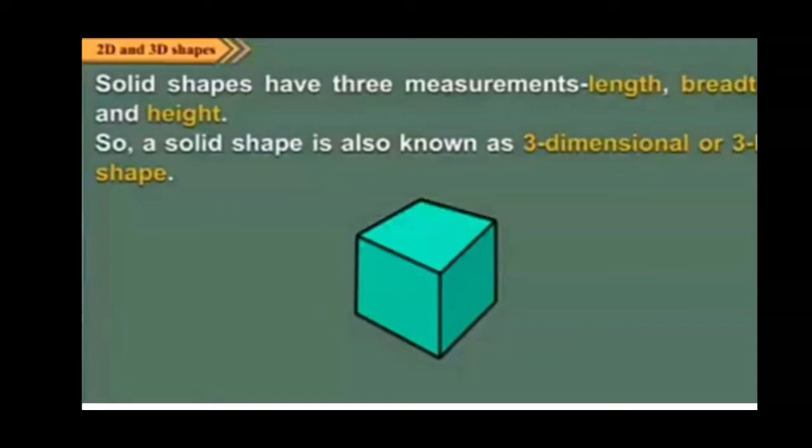Now, in this next concept, we are going to learn about 3D shapes. 3D shapes means you will have 3 measurements, namely length, breadth and height. Height is nothing but here the depth. What are they? Length, breadth and height.